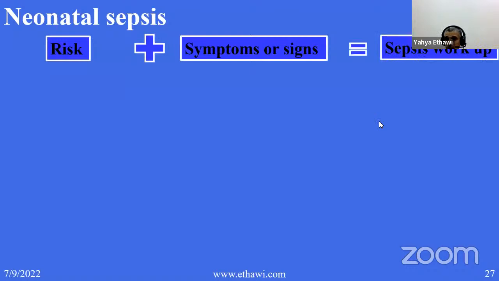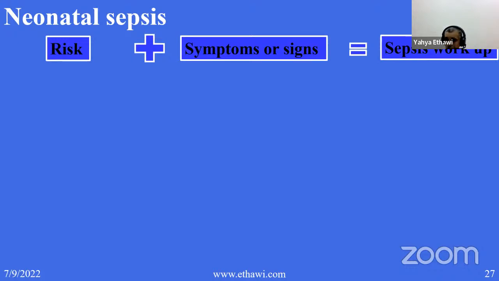So how to treat neonatal sepsis, you need risk and you need signs and symptoms. You need risk, you need symptoms, and you need a sepsis workup. The right term is to rule out neonatal sepsis, rule out sepsis, until we have bacteria in the blood.